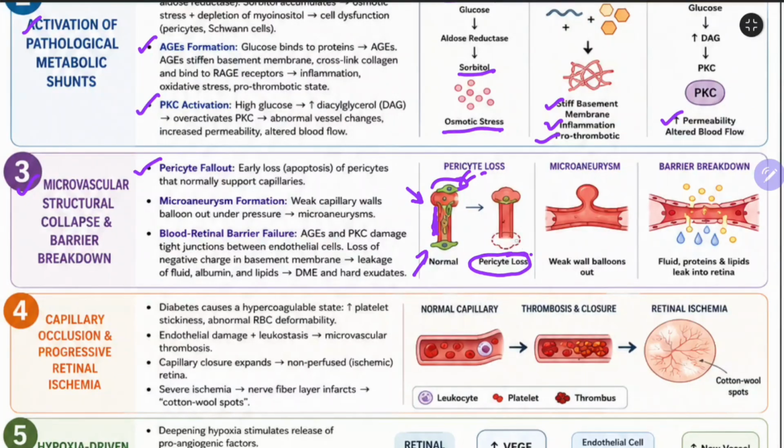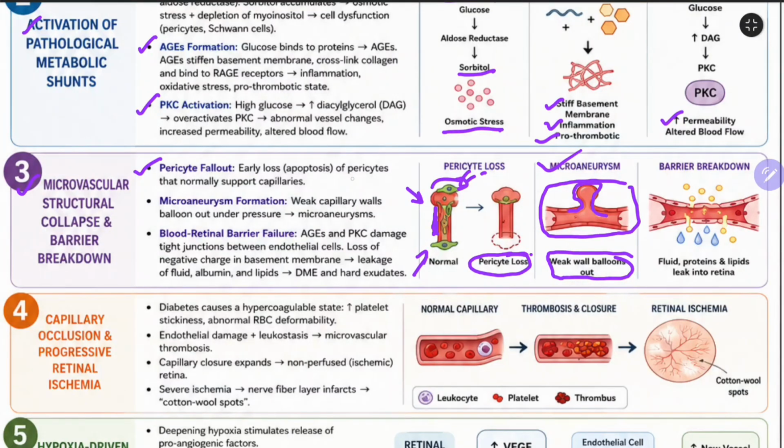When there is a loss of pericytes, the blood vessels become very fragile, and there will next be formation of microaneurysms, meaning there will be bulging of the blood vessels. So weak walls of the blood vessels will balloon out. That is known as microaneurysm, and that is the first sign which we see in fundoscopy of diabetic retinopathy.